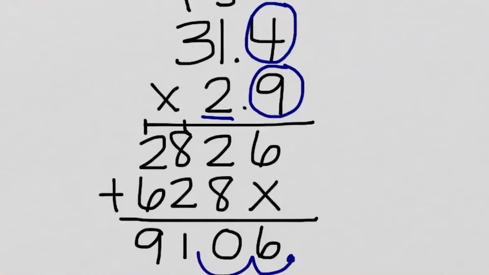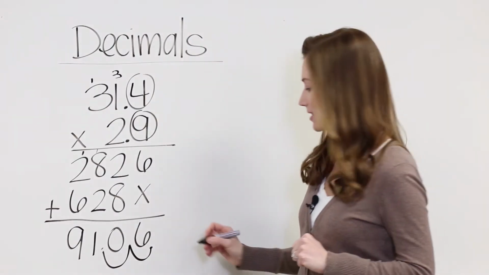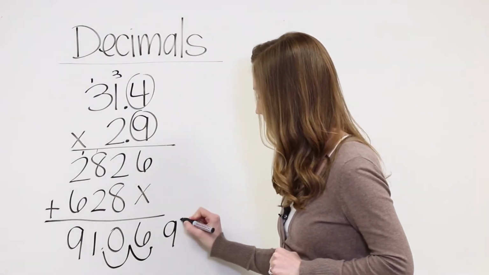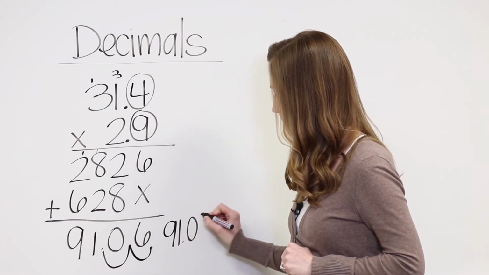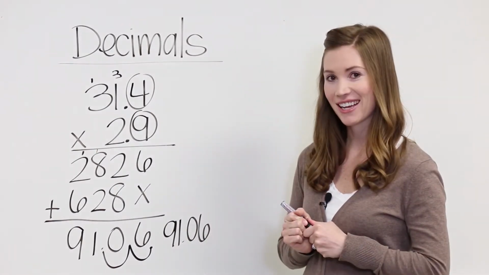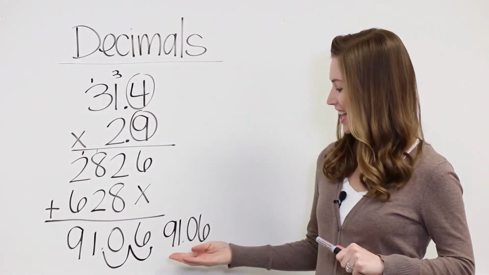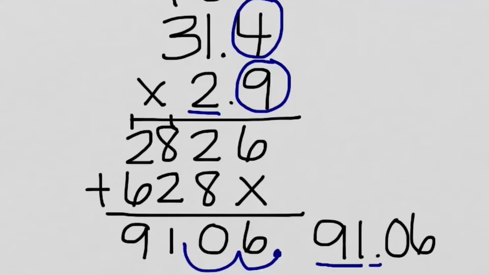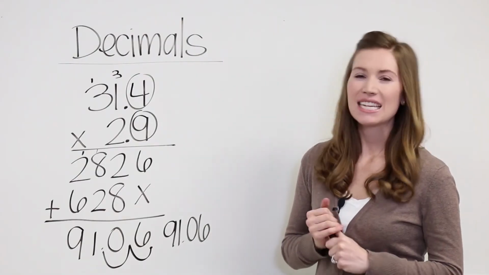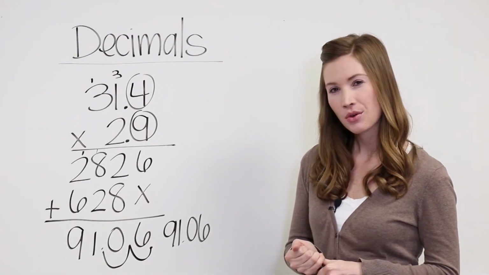1, 2. I'll rewrite our final product and then we'll read it together. Are you ready? Let's do it. 91 and 6 hundredths. Now, is that product reasonable?